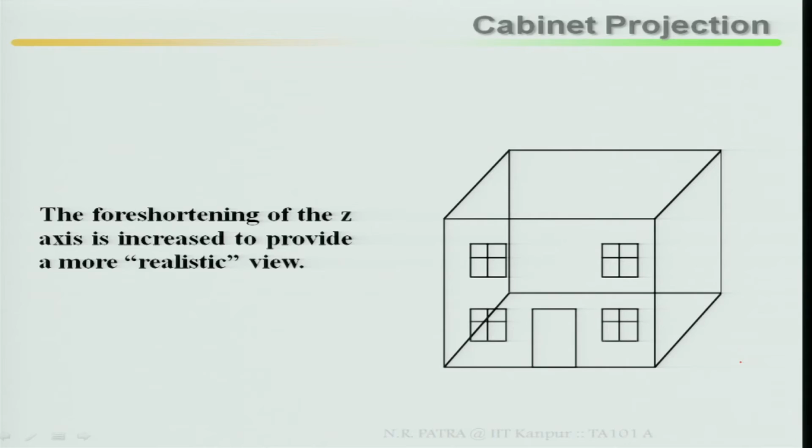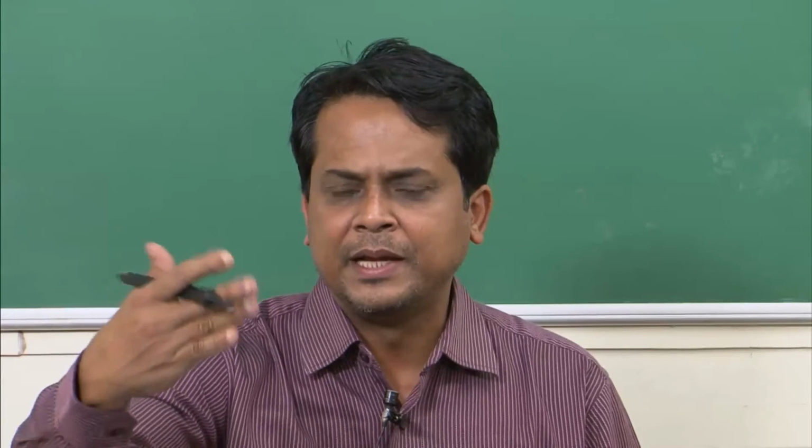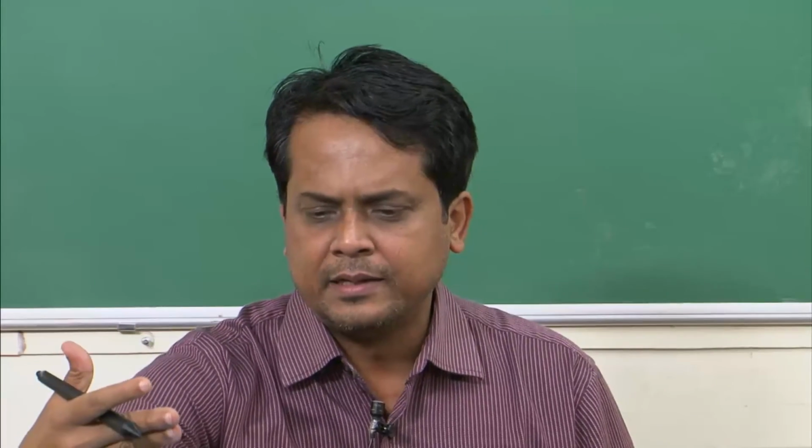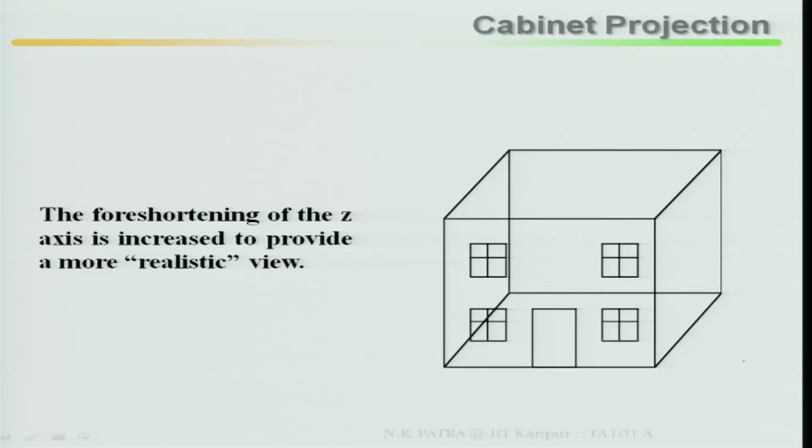Why? Suppose in the z direction there is a larger dimension, showing in the depth direction. In a clear picture, if you foreshorten, you are bringing the back side dimensions closer. Suppose this is your front face, and this is your rear or back face.